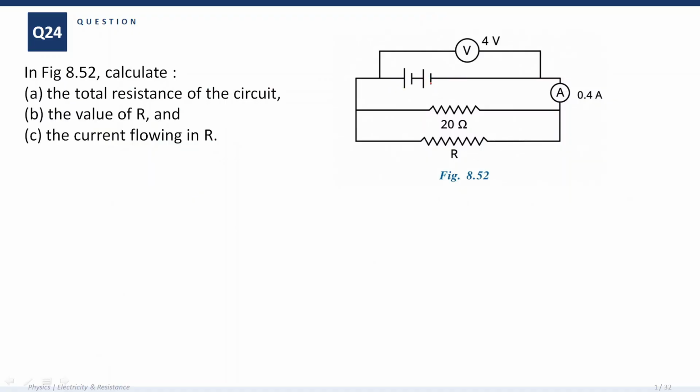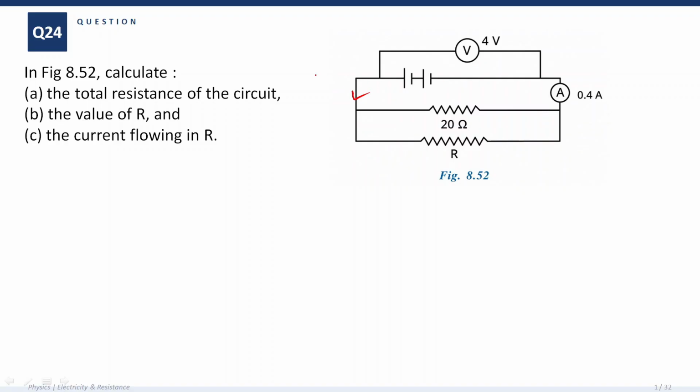The next one. In figure 8.52, calculate the total resistance of the circuit, the value of R, the current flowing in R. So what is given in the circuit? There is no internal resistance.